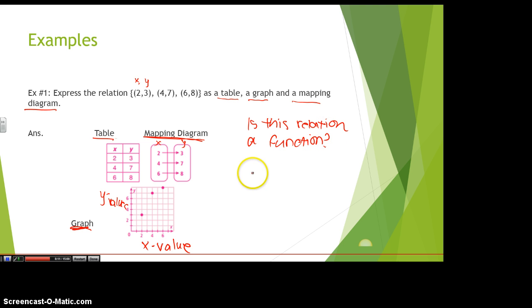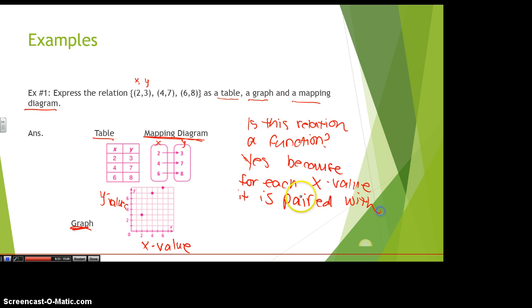And the answer to this is yes, because for each x value, it is paired with one y value.